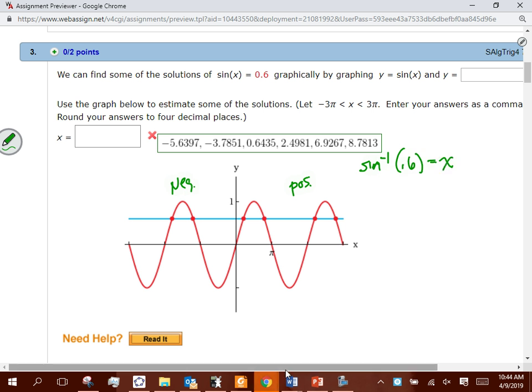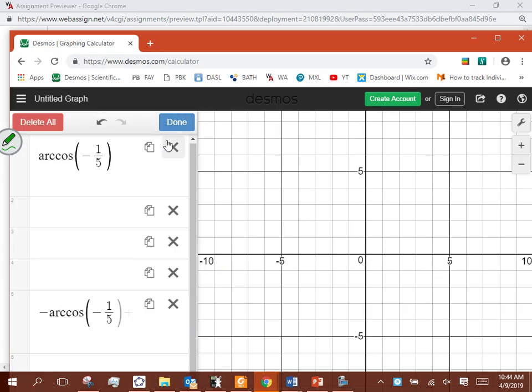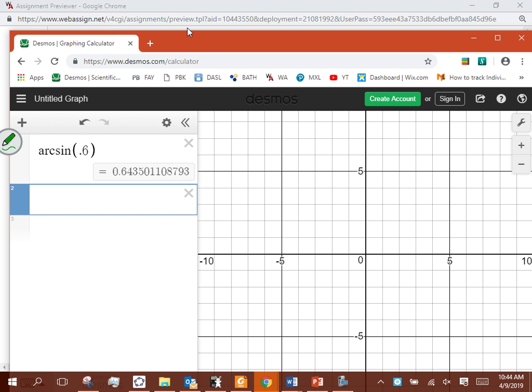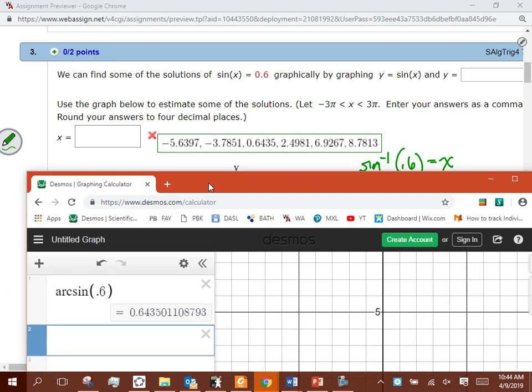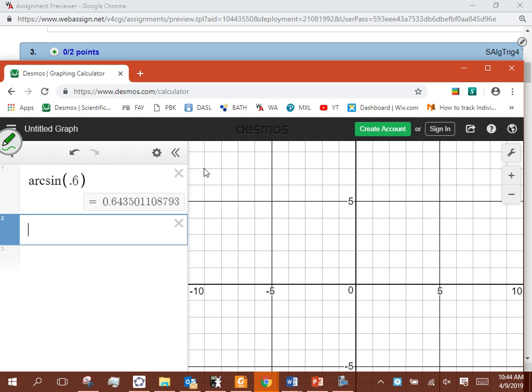So I'm going to grab my calculator and go sine inverse of 0.6. It gives me that number right there. That's one of our solutions, correct? 0.6435 right there.